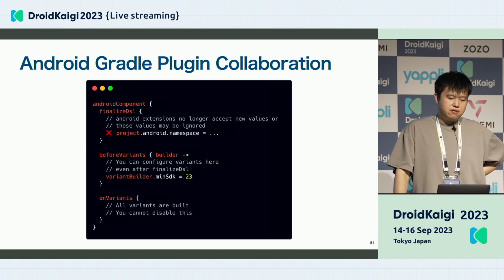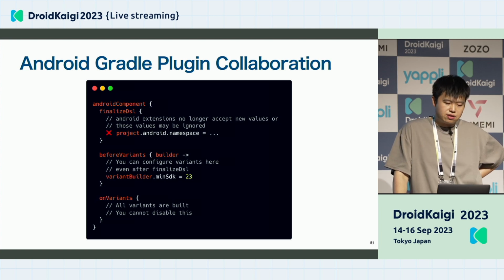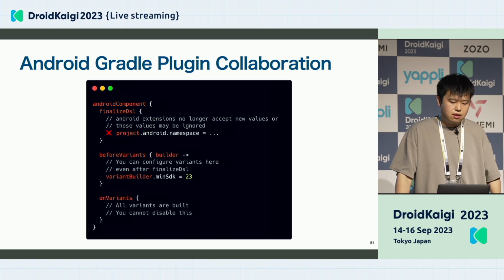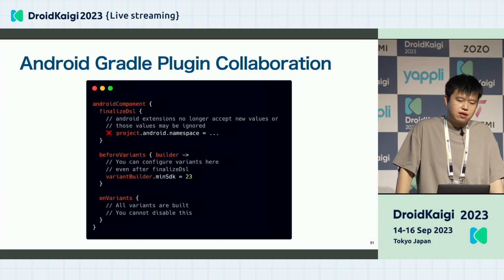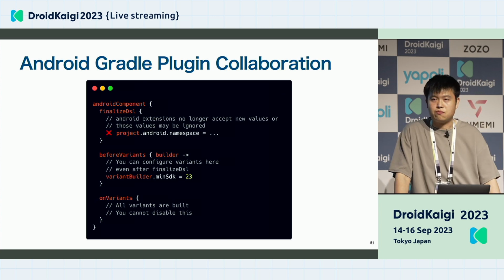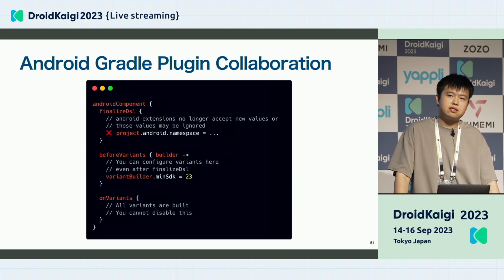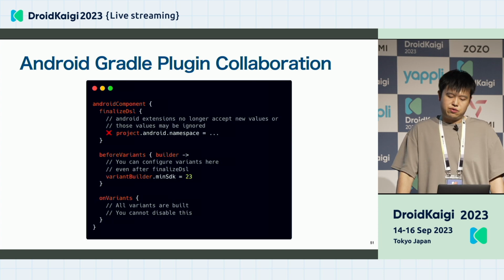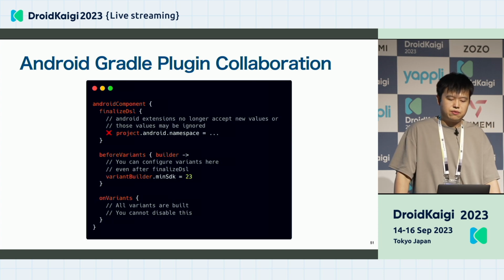So you may do a lot in beforeVariants or onVariants callbacks. These are called after finalize DSL. For example, if you calculate version information by your custom task, then use its outputs to configure variants in onVariants callbacks.